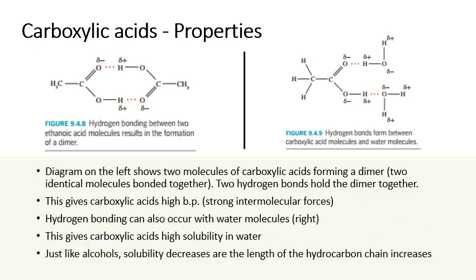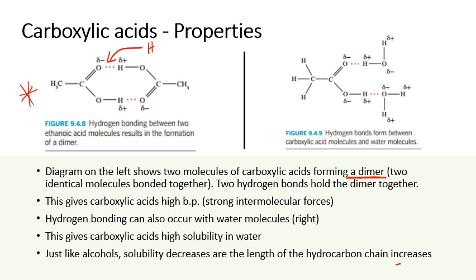So these positive and negative line up fairly well. And in fact, they line up so well that, have a look at the diagram on the left again. The two molecules of carboxylic acids can come together and form a dimer. A dimer is when two identical molecules become bonded together. In this case, they are hydrogen bonded together.